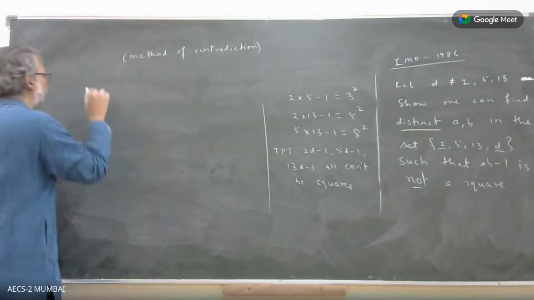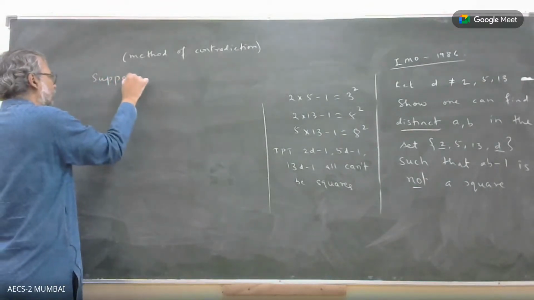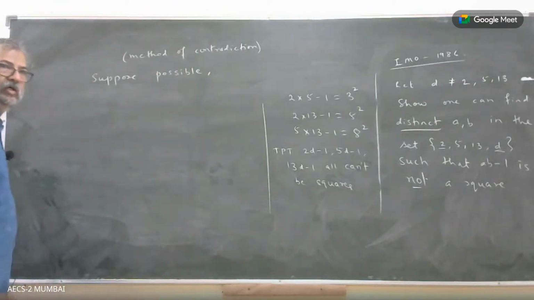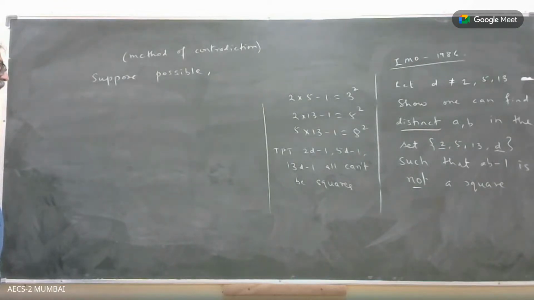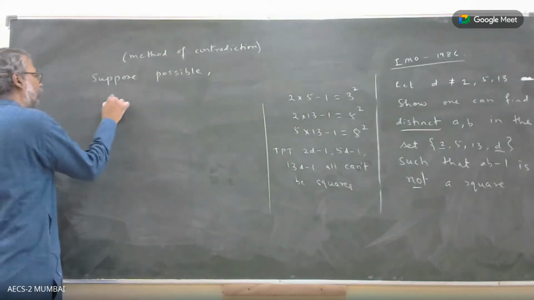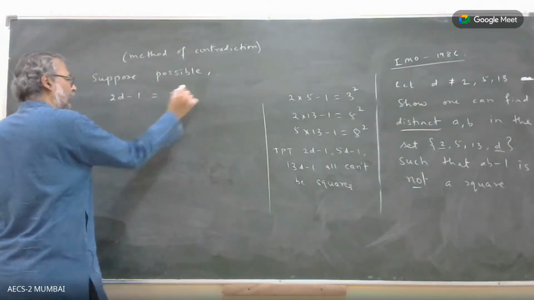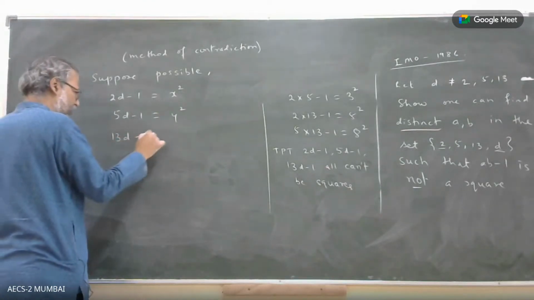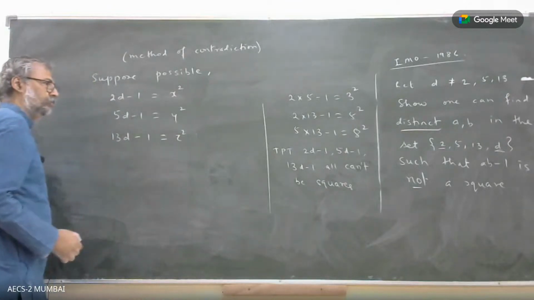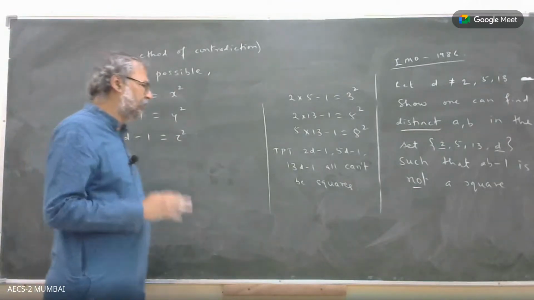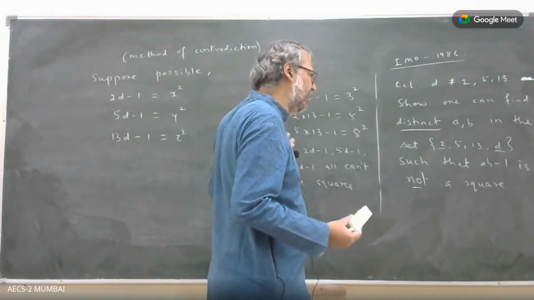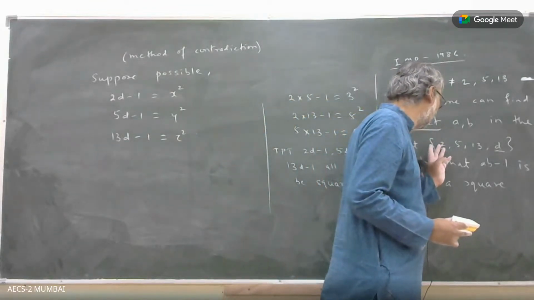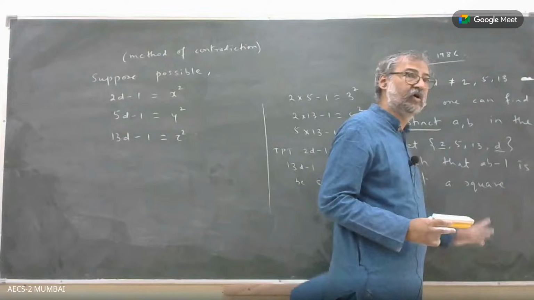So suppose possible, 2d minus 1 is some square, 5d minus 1 also is a square, and 13d minus 1 is also a square. You will get something wrong, that is the contradiction, and therefore not all can be squares. So at least I can find one number along with d, so that the product minus 1 is not a square.